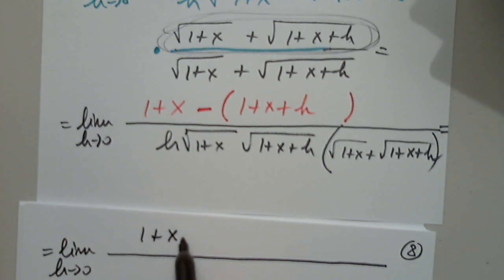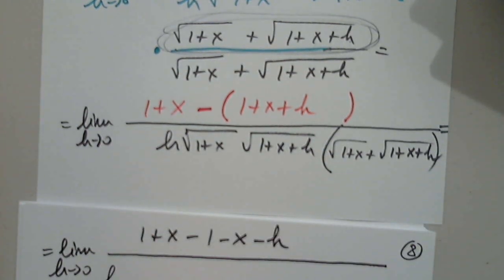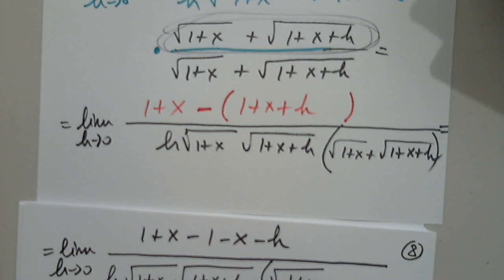So 1 plus x minus 1 minus x minus h. Over this, I have to write it again. The square root of 1 plus x, the square root of 1 plus x plus h, and the square root of 1 plus x plus the square root of 1 plus x plus h. That's why I was saying this is not a friendly function, but it's fine. We had to look at something like this.